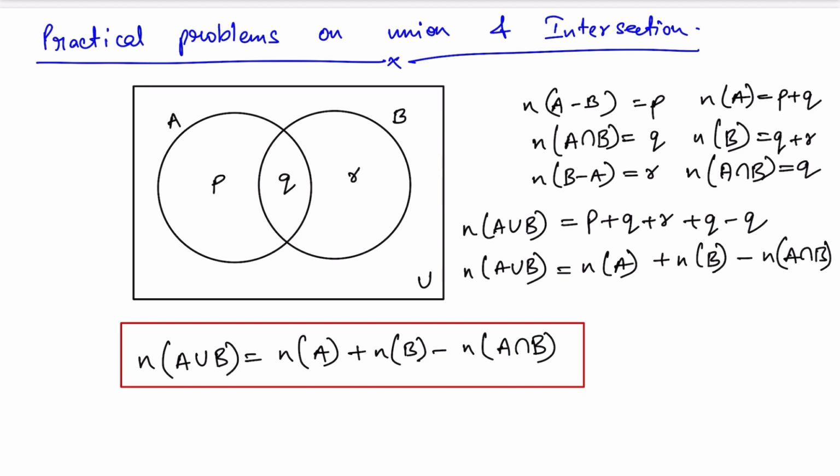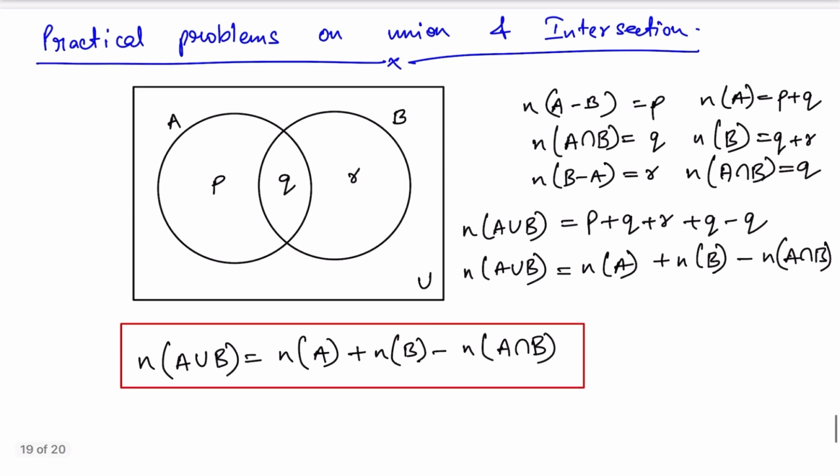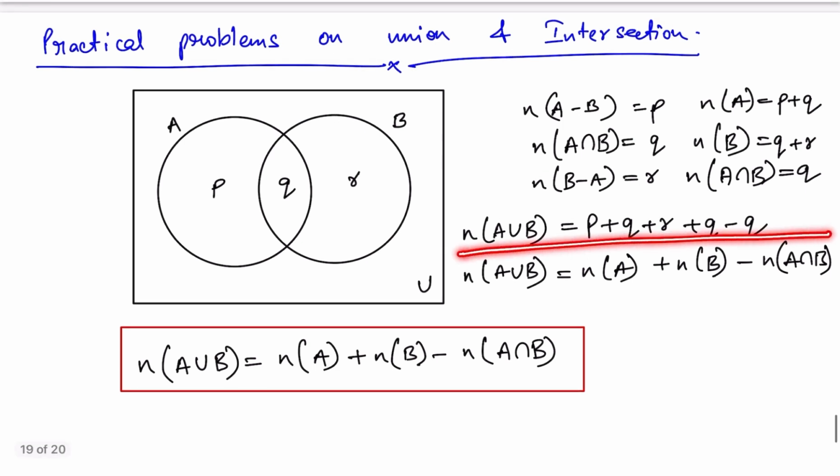In place of p plus q we have written number of elements of A, in place of q plus r number of elements of B, and in place of q, A intersection B. From this proof we have arrived at this formula.